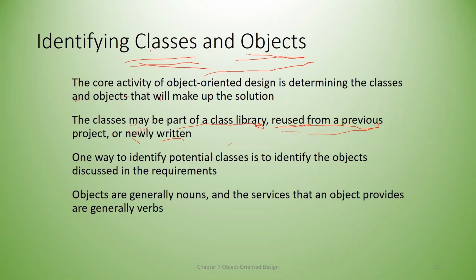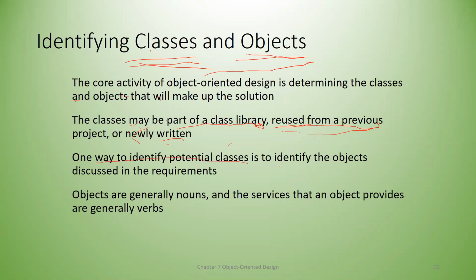It's very much more difficult and not clean cut. Versus in OOD and OOP, object-oriented programming, you take the object and you can plug it in. It's plug and play. Okay, so you can use a previously written object and use it.